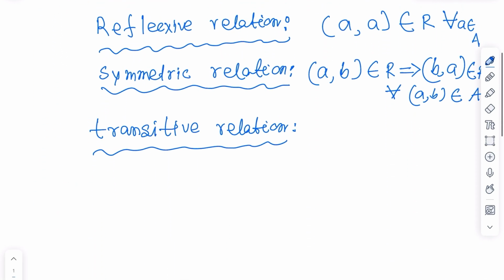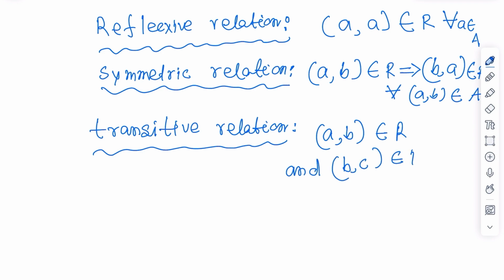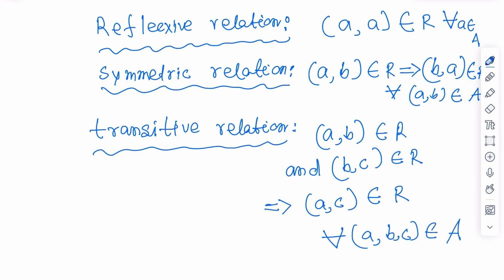So the definition of transitive relation is, if (a, b) belongs to the relation and (b, c) belongs to the relation, then (a, c) must belong to the relation, where this a, b, c must belong to the original set.